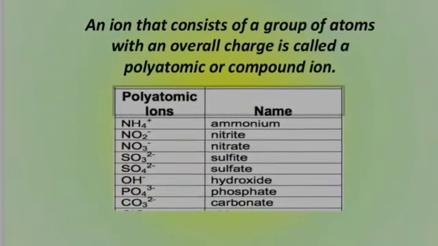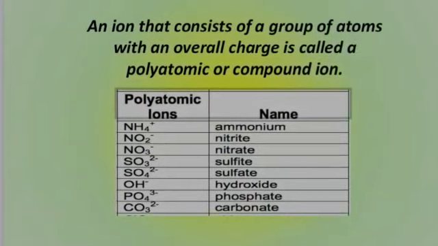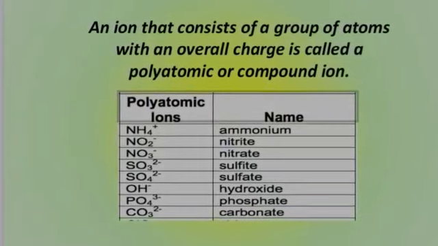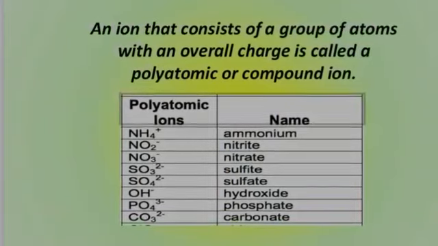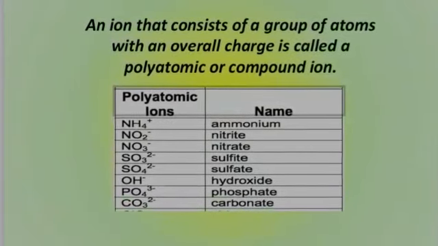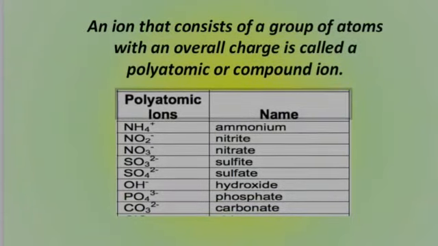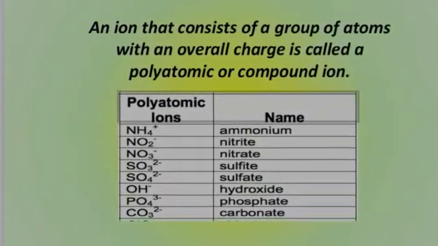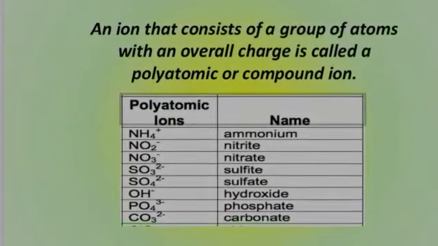But if an ion consists of a group of atoms with an overall charge, then it is called a polyatomic or compound ion. In the list, you can see NH4+, ammonium ion, SO4 2-, sulfate ion.